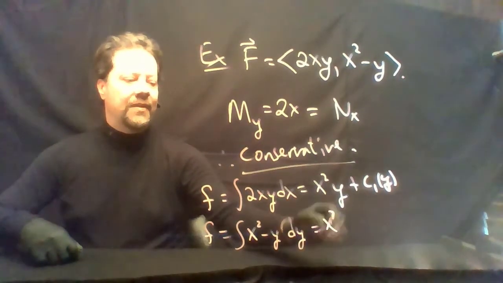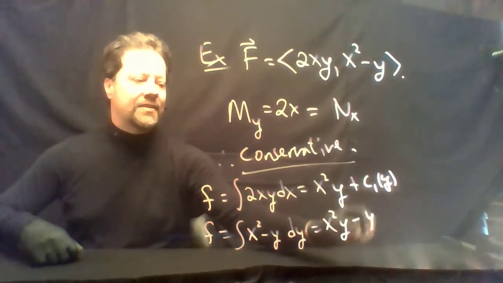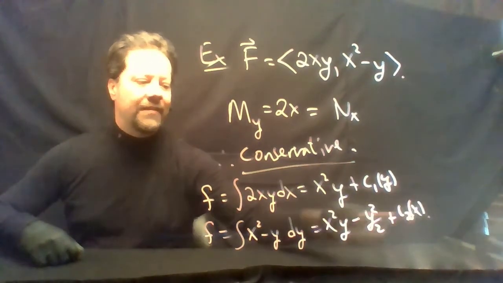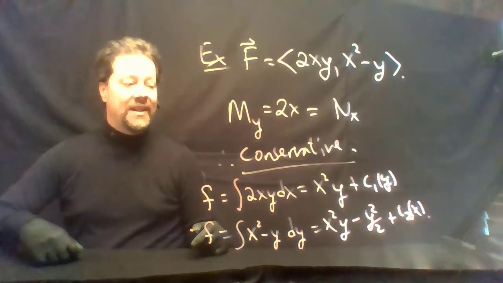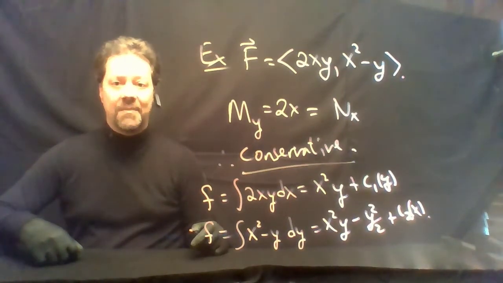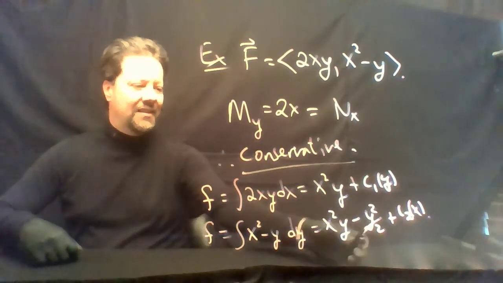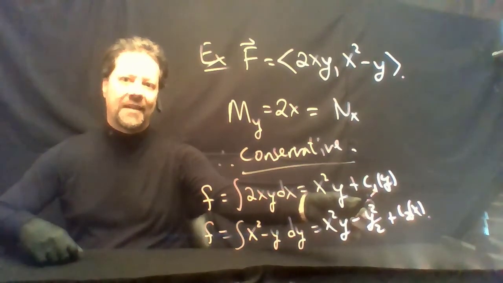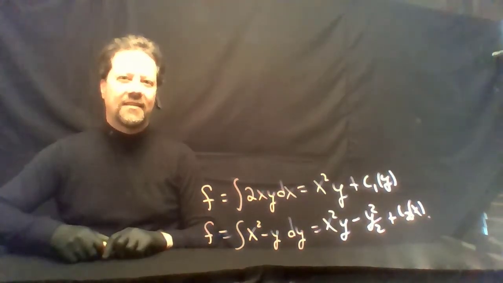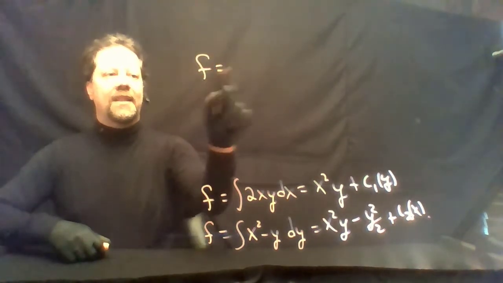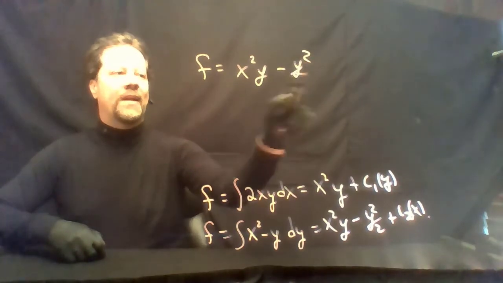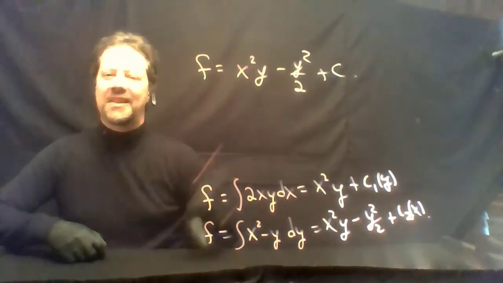That gives you x squared y minus y squared over 2 plus an arbitrary function of x. We need to reconcile these two answers because they both must be true. Minus y squared over 2 must be lurking in the function c1 of y. It follows then that the potential function is x squared y minus y squared over 2 plus an arbitrary constant.